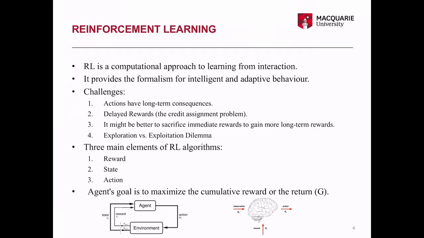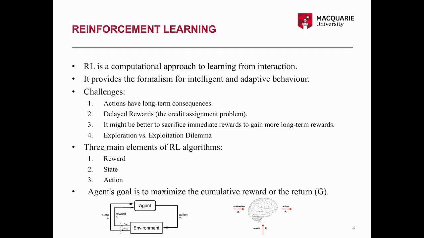We have delayed rewards, which is also known as the credit assignment problem. It might be better to sacrifice immediate rewards to gain more long-term rewards. We, as intelligent creatures, are also aware of these challenges, and also the exploration and exploitation dilemma, which we try to balance out with certain algorithms such as epsilon greedy and similar ones.